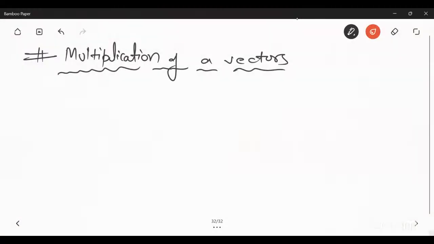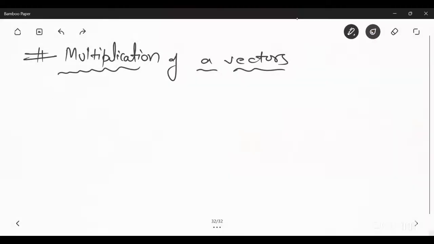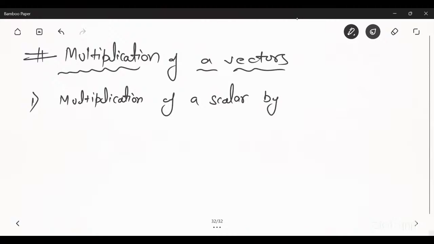In the multiplication of vectors, we have three topics. The first topic is multiplication of a scalar by a vector.